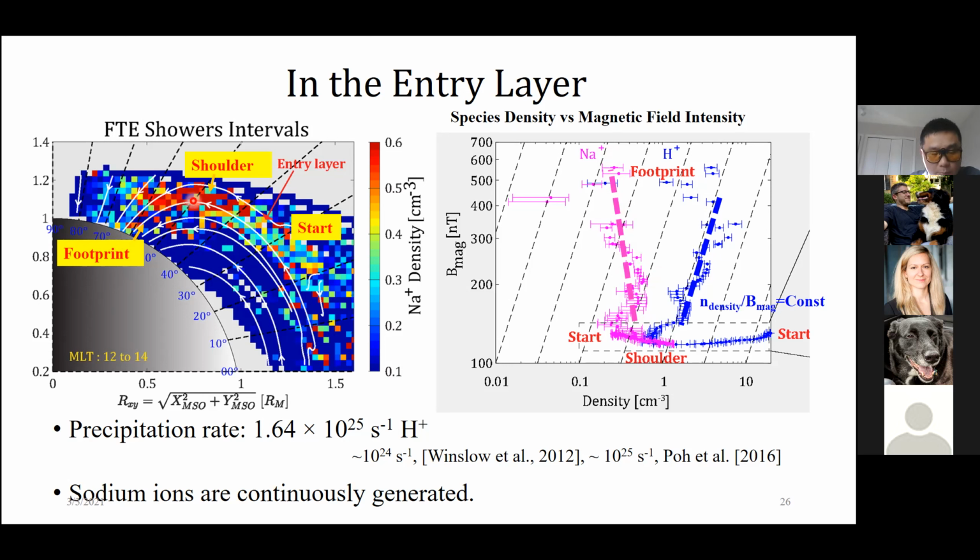Then when they move up to a certain altitude, they feel the solar wind convection electric field, which will push them back. Therefore, you will see accumulated sodium density at a certain altitude, and the density should decrease with the decrease of the altitude.